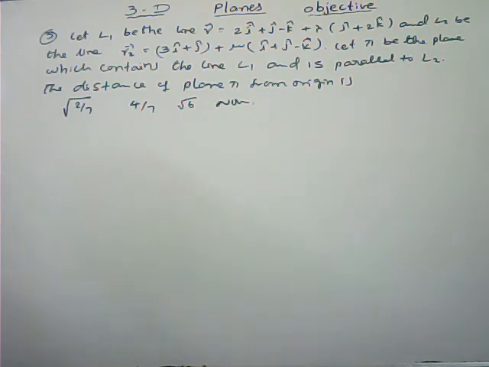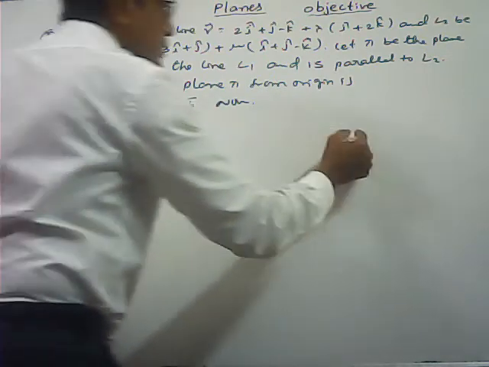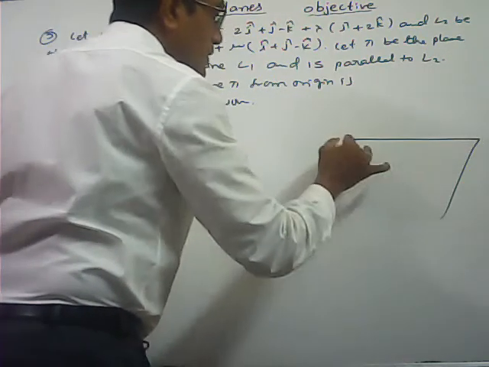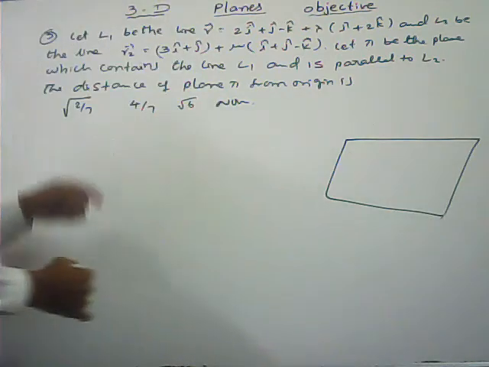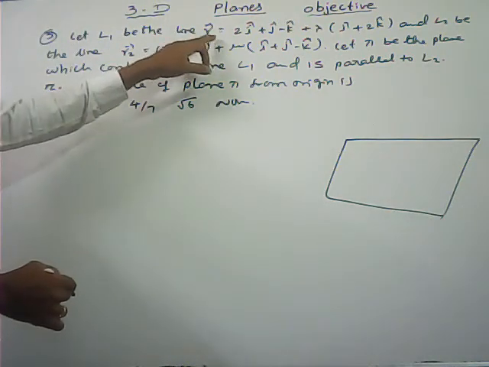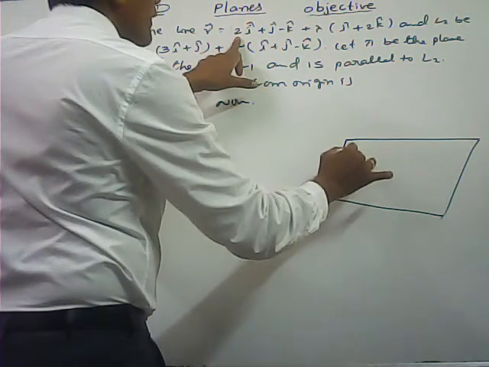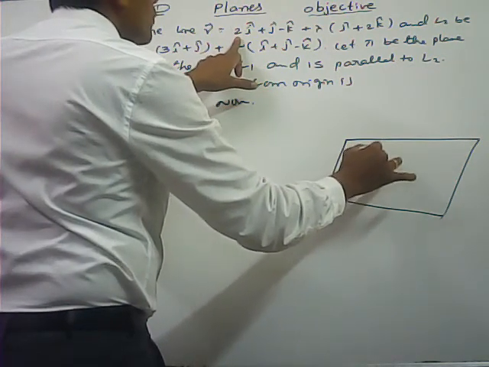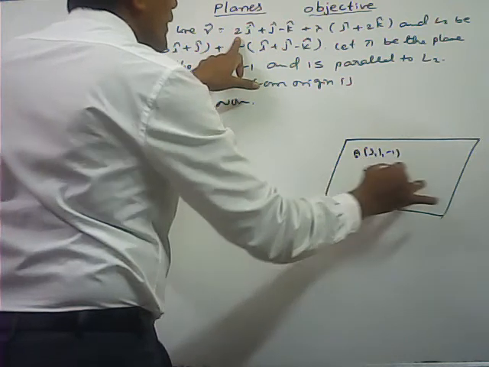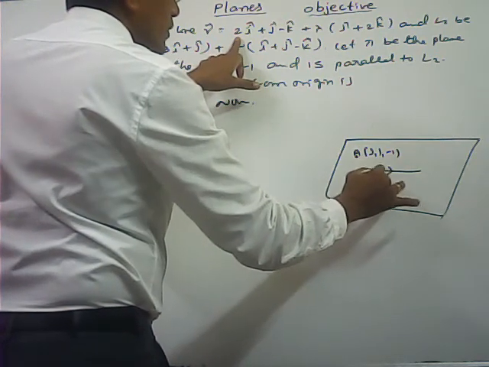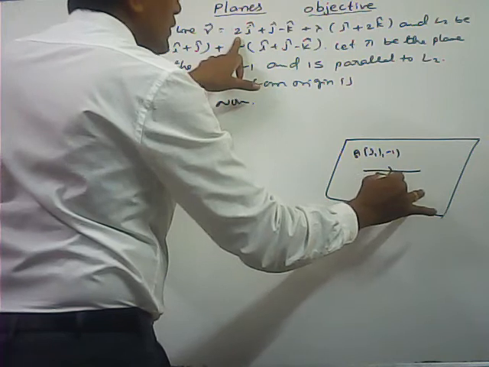Next one. Let L1 be the line. Here L1 and L2, two lines are given, and P is the plane which contains the line L1. This contains L1, the line passing through the point A whose position vector is 2, 1, minus 1 and parallel to B1 bar, that is 1, 0, 2.